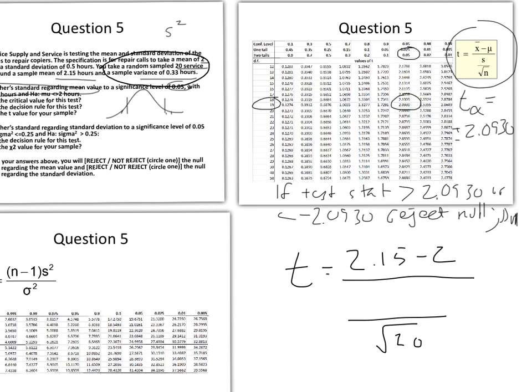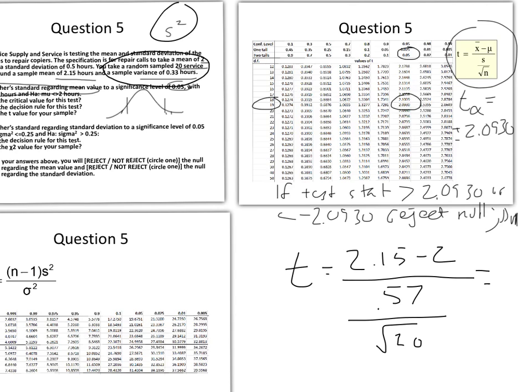To get s, we would need to take the square root of that value. The square root of 0.33 is approximately 0.57. That value is not obviously given in the problem. You have to remember to calculate that.